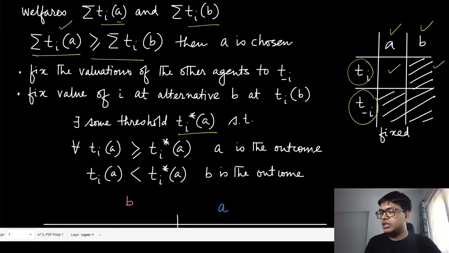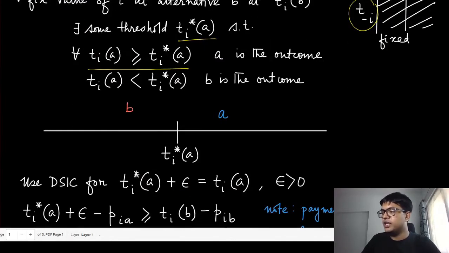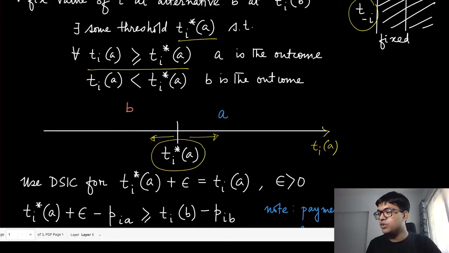Okay, so let us consider that threshold t_i*(A). If you are thinking in terms of a line, and this is just t_i(A), varied over the real line, below this threshold the outcome is going to be B, and above this the outcome is going to be A.